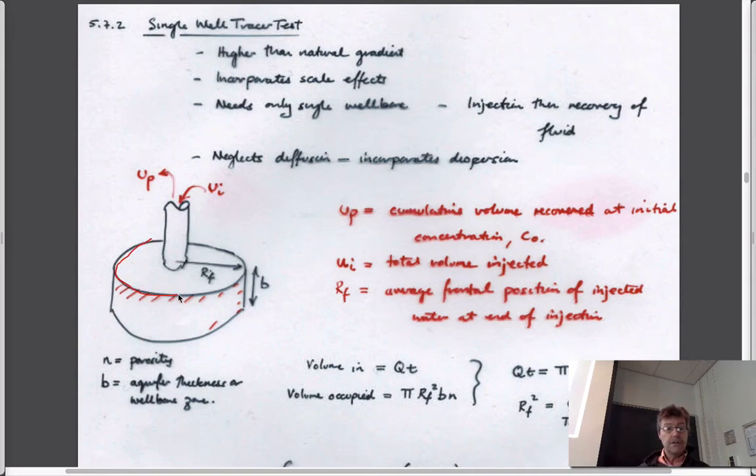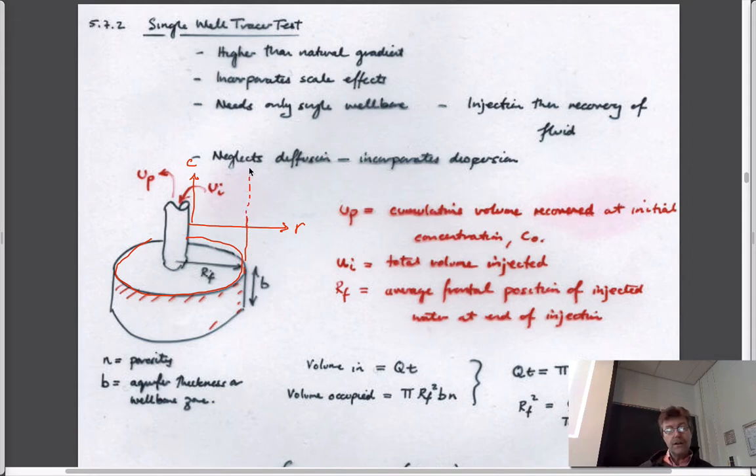So after some time of pumping in, the front of the water that you've pushed in would be at this location. If you looked at the profile in a radius, concentration versus radius, then this is as far as the water has gone in a given time, basically one pore volume.